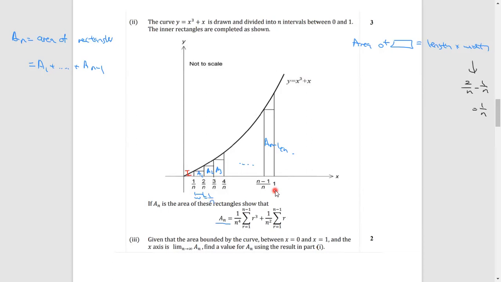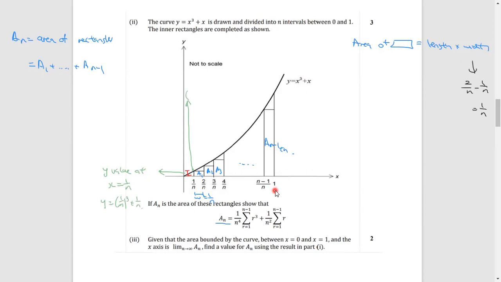Now the height might be a bit more problematic. We'll notice that the height of this one is determined by this length here. And this length is just the y value. So this is the y value at x equals 1 over n, which is just y equals 1 over n all cubed plus 1 over n.